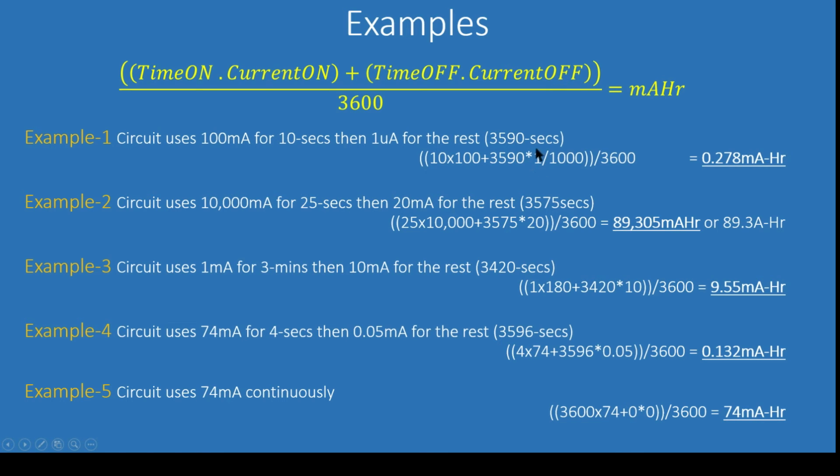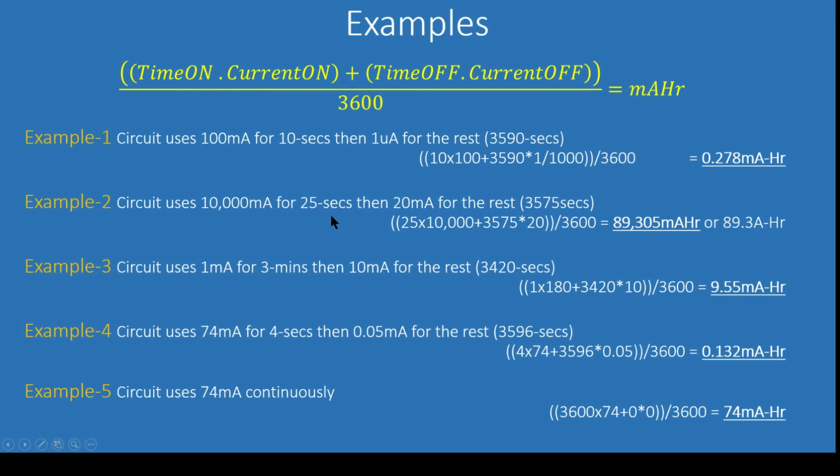Because the units are milliamps, I've divided by 1,000 to get microamps. That's 1 microamp there. Its total power consumption is 2,000.278 milliampere hours.